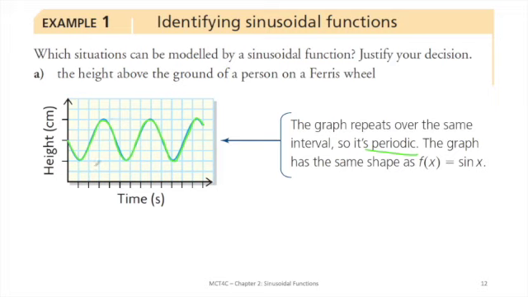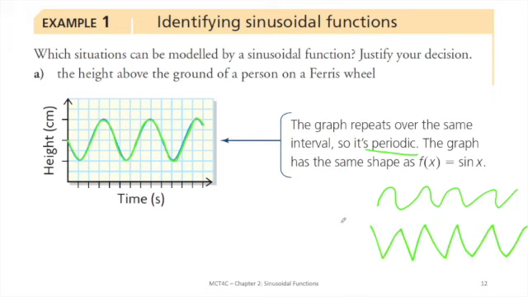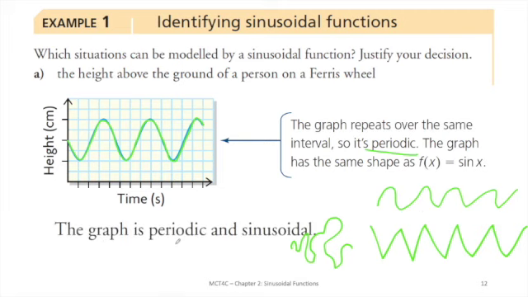It keeps its maximum and minimum value, and it's the same shape as sine of x, meaning it has this wavy flow to it. Okay, you cannot have something that's pointed or anything like that. It has to be your wave. Okay, so we know that it is periodic and it's going to be sinusoidal.